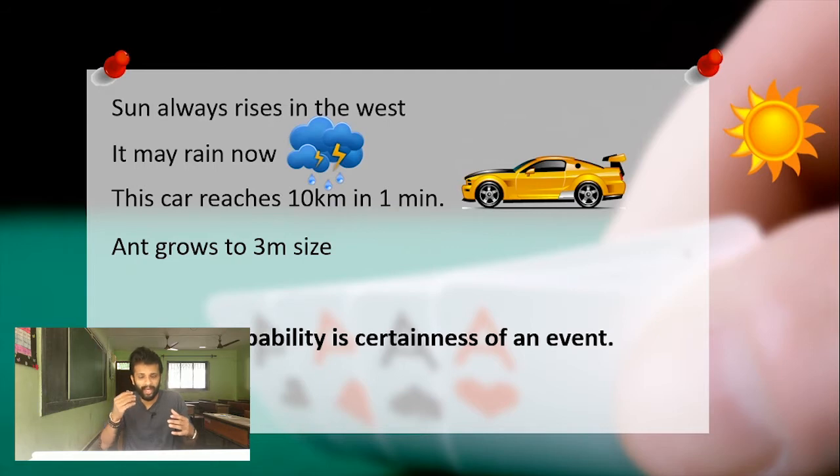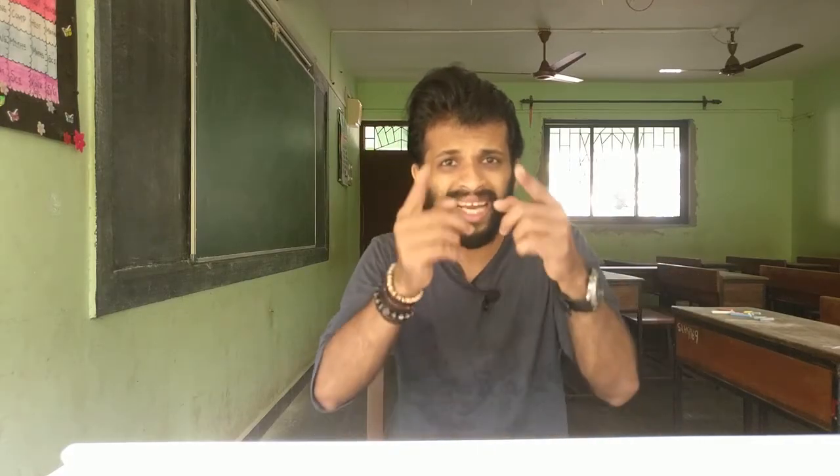Now in probability, we need to express that certainness in terms of a number or a percentage. If I keep a cylinder over here and tell you to lift this, you might say, okay, 90% I can, 10% not so sure.